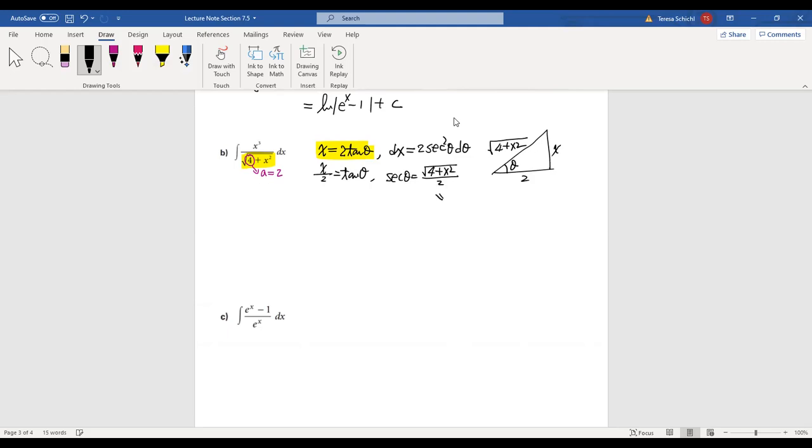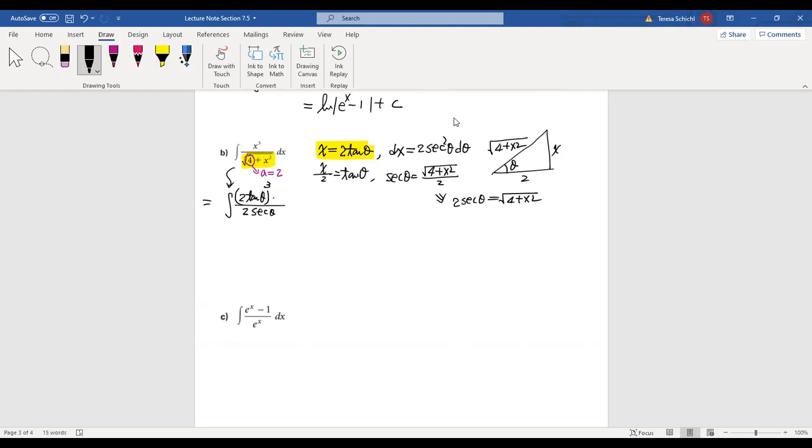So 2 secant theta equals the square root of 4 plus x squared. Now let's substitute these to see if we can simplify. The square root of 4 plus x squared is 2 secant theta. And x cubed: x is 2 tangent theta, so this is 2 tangent theta cubed.